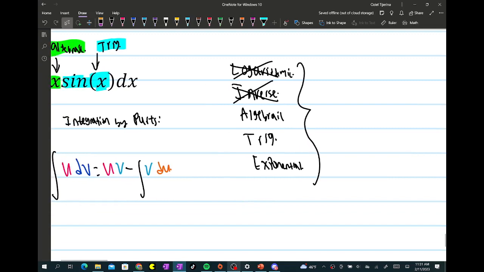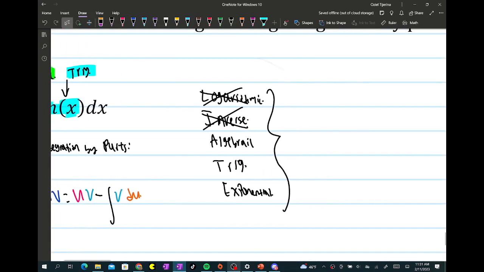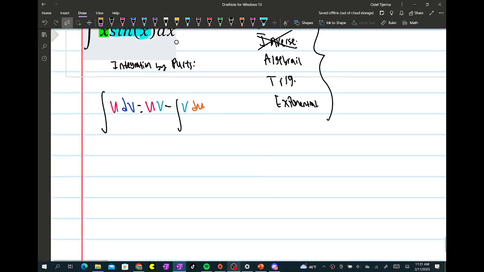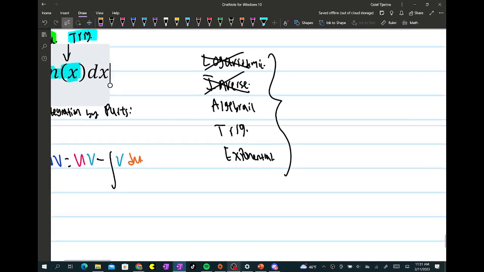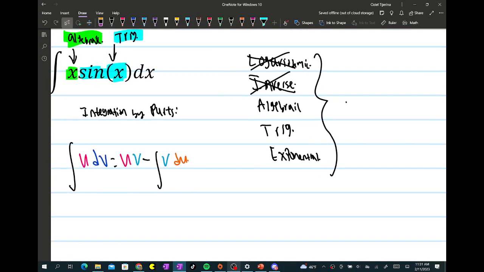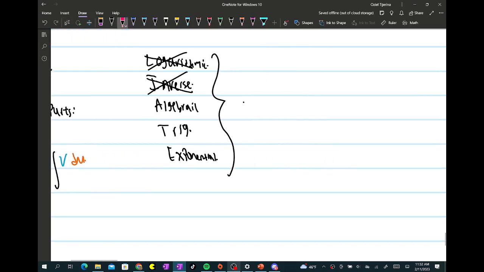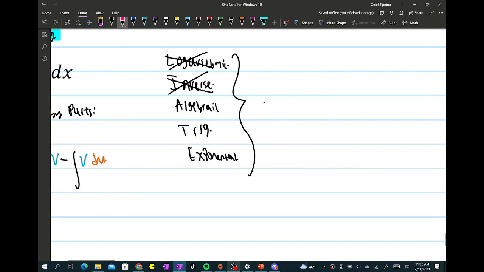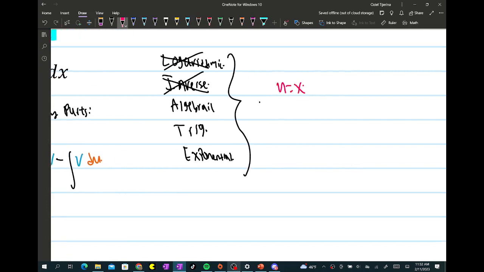There is an algebraic function, and that's x. Since this is the first thing I come across, u is going to be x, because if there was no algebraic term and there was a trig function like sine of x, then sine of x would be considered the value of u. So u will be x.